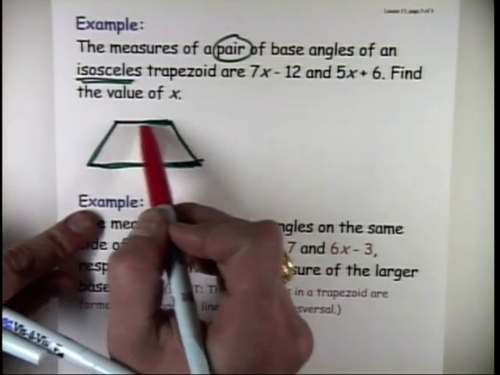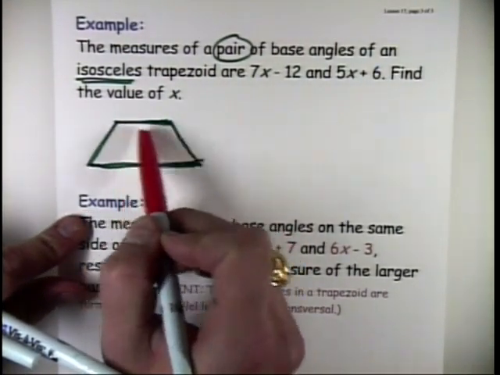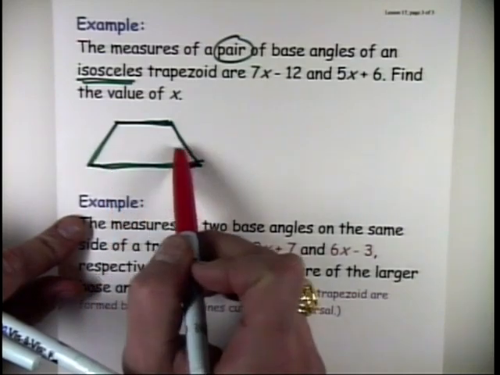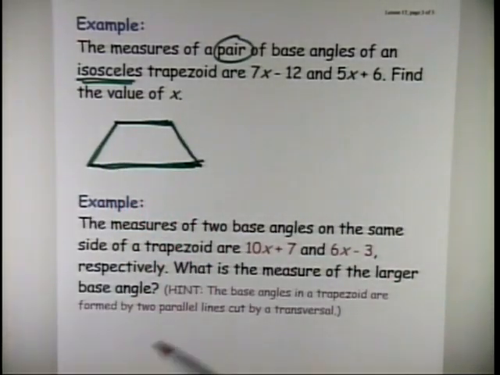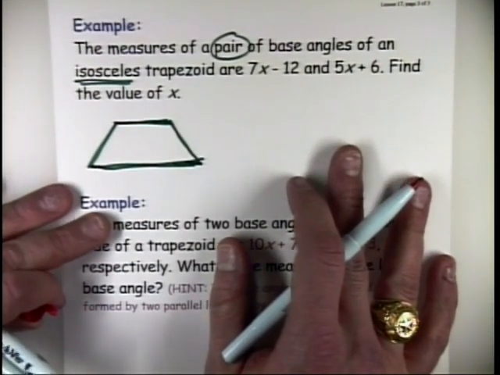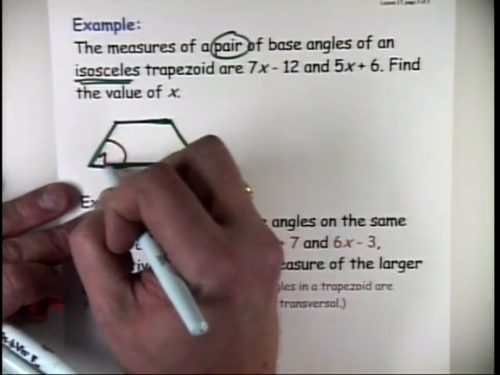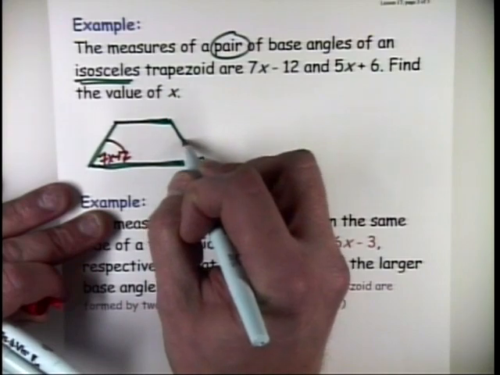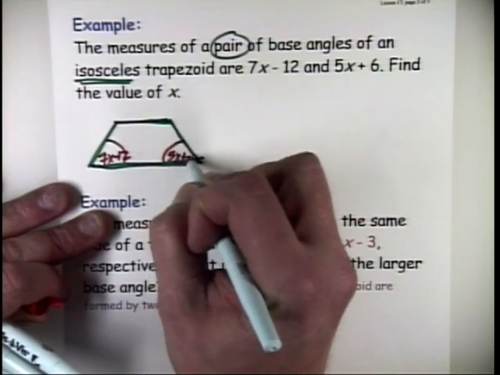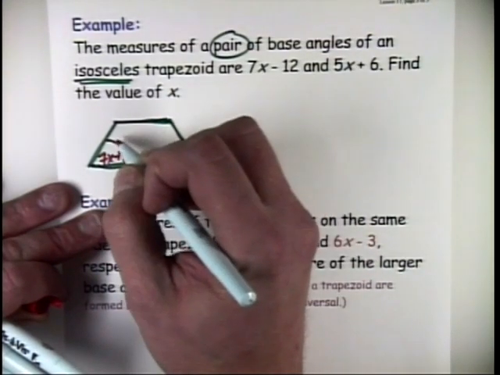So are we going to call these obtuse angles up here the pair, or are they the acute angles? We don't really know, and it's not really important so long as we realize that if I'm calling it the bases down here, this would be the other angle, 5x plus 6, and not call these the angles that we're talking about.